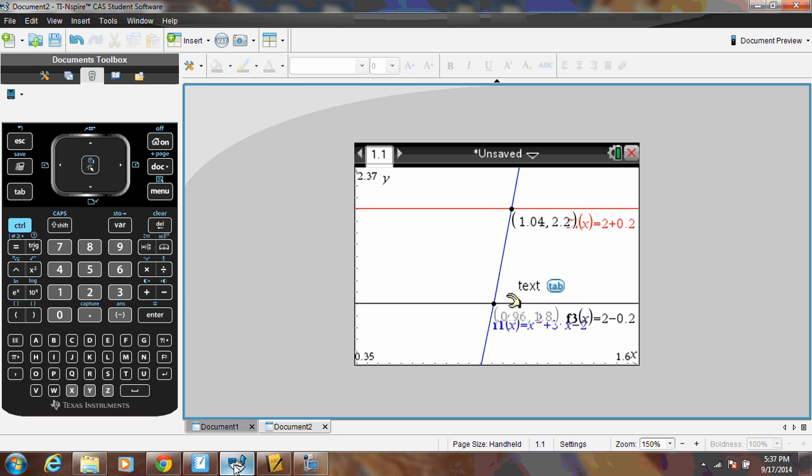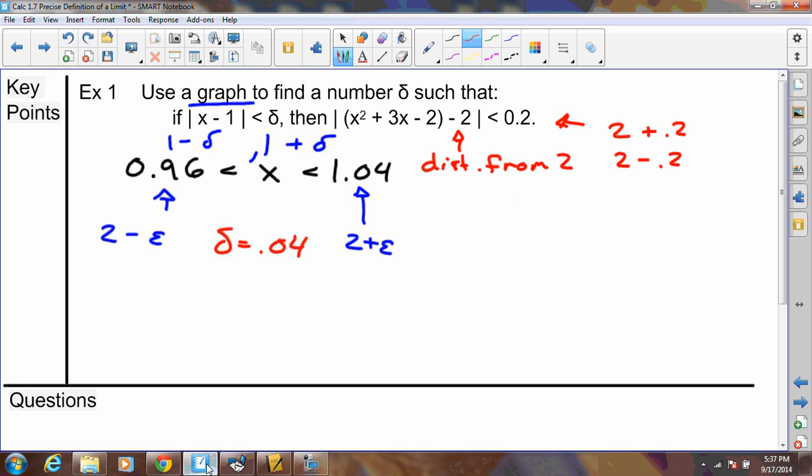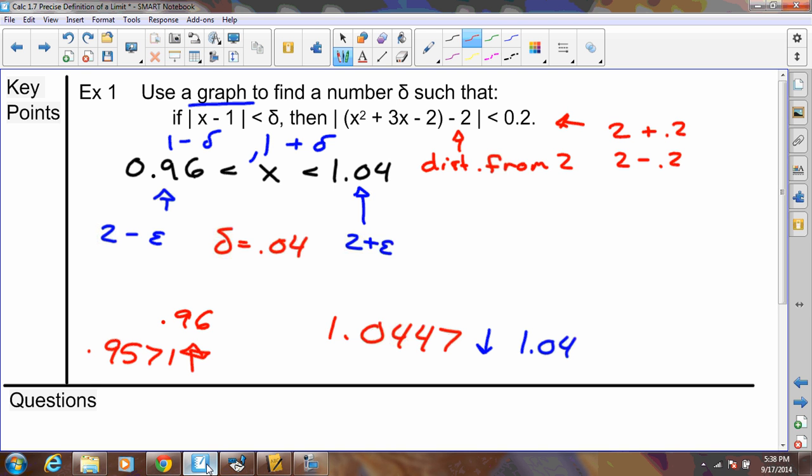It's possible that this 1.04 could actually be a number like 1.0447, in which case it has rounded downward to 1.04. And it is possible that 0.96 could actually be something like 0.9571, in which case it's rounded upward to 0.96.